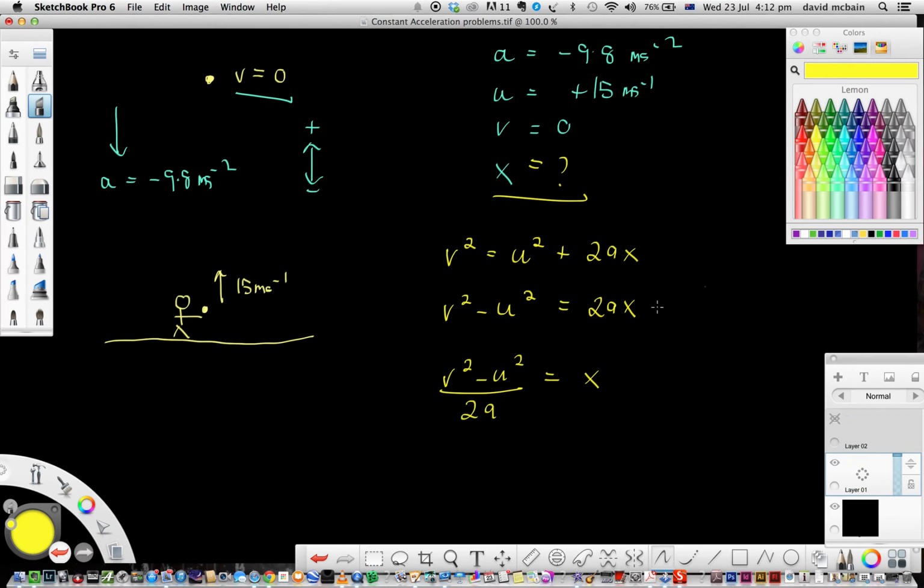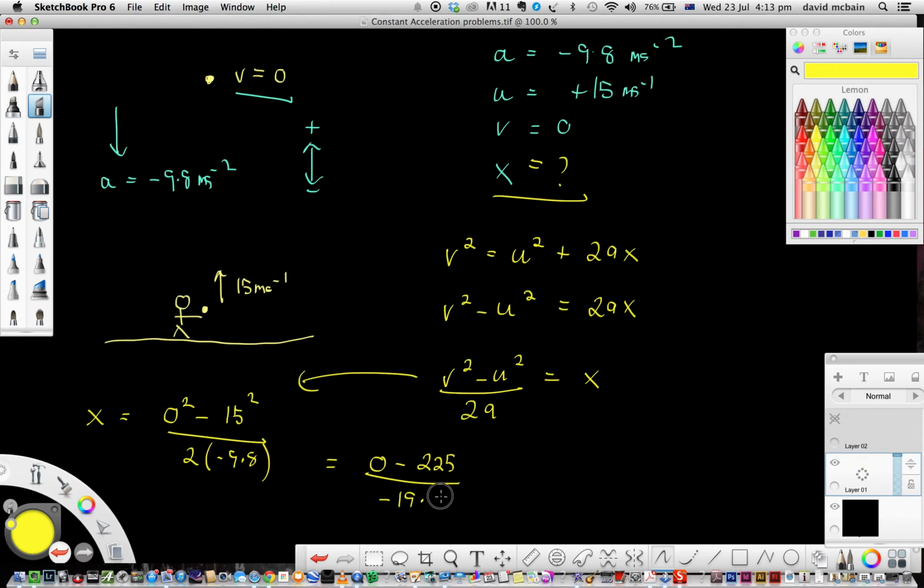So let's plug our numbers in. So therefore, x is equal to v squared, which is 0 squared, minus u squared. u is 15, so it's minus 15 squared over 2 times negative 9.8. 15 squared is 225, so it's going to be 0 minus 225 divided by 2 times 9.8, well, that's negative 19.6.